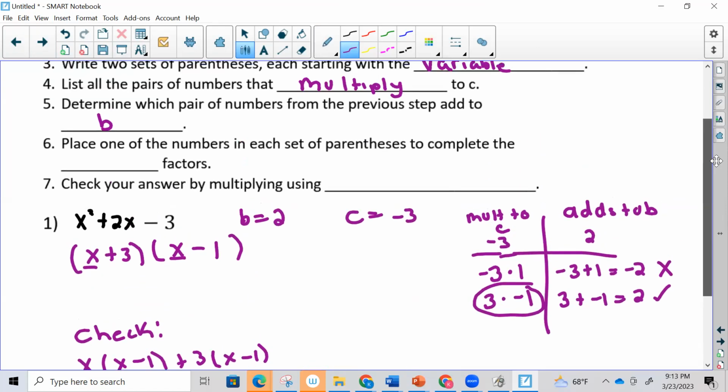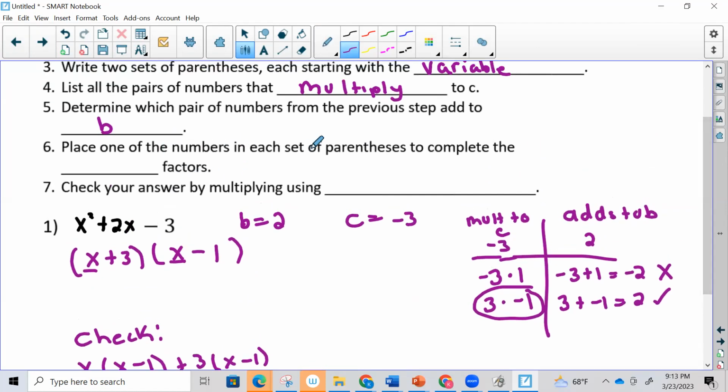Going back, we place one of the numbers in each set of parentheses to complete the binomial factors. And then we check our answer by multiplying using either FOIL or distributive, whichever way you do that.